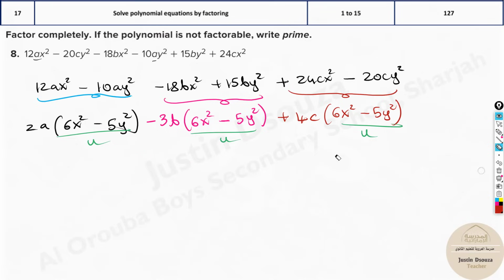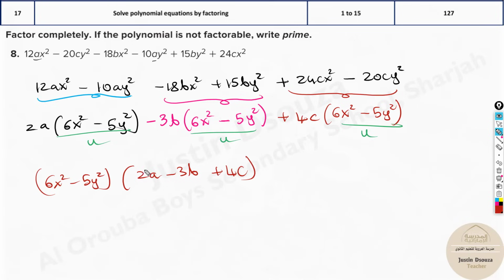How exactly? That is, let us just assume we are removing these terms outside. These 3 also are common, right? We remove it out. It will be 6x squared minus 5y squared. Okay, it's gone. So what is remaining inside the brackets? It will be 2a minus 3b plus 4c.